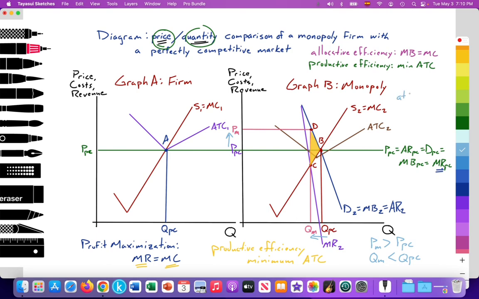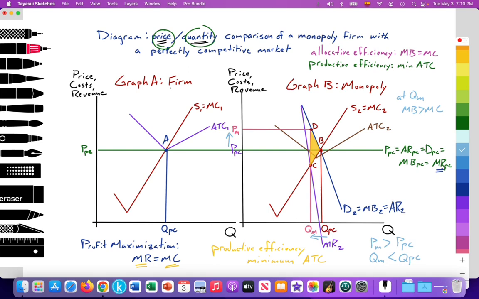Since it produces at QM, we can see that the marginal benefit at point D is greater than the marginal cost at point C. So at QM, MB is greater than MC, which signals that the monopolist is under allocating resources, which creates a welfare loss, which is the shaded area between points B, C, and D.